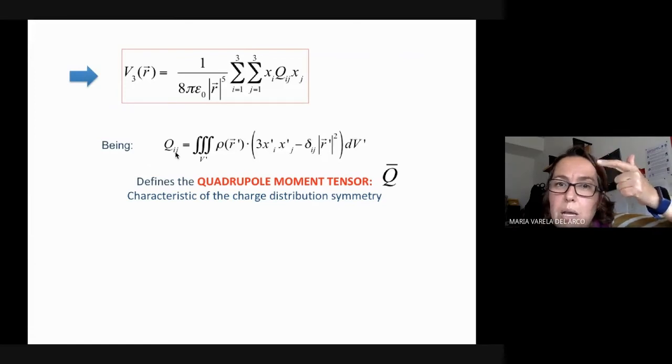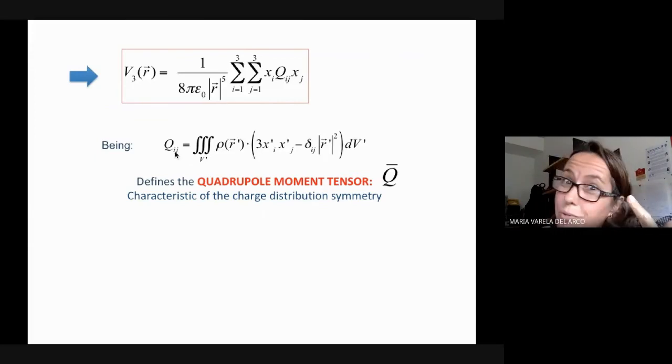Those would be Q11, Q12, Q13. Next row, QYX, Q21, QYY, Q22, QYZ, Q23. Third row, QZX, Q31, QZY, Q32, and QZZ, which will be Q33.